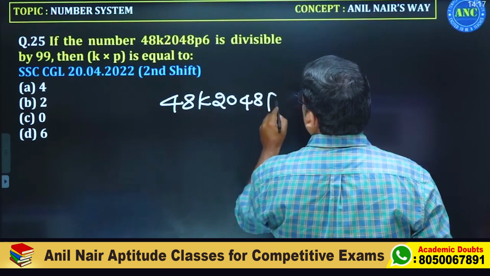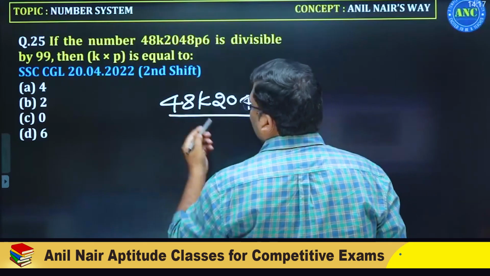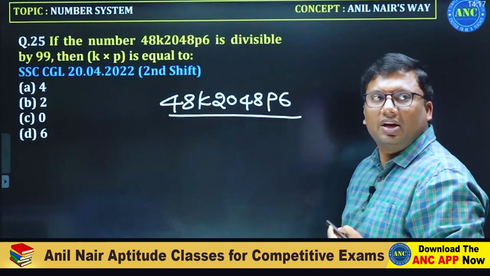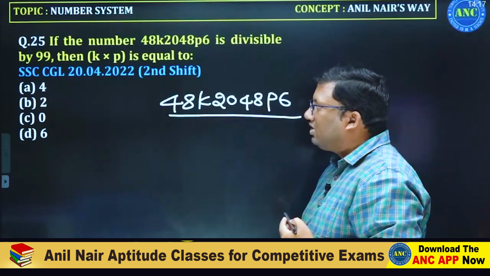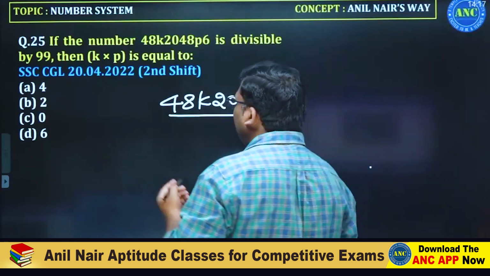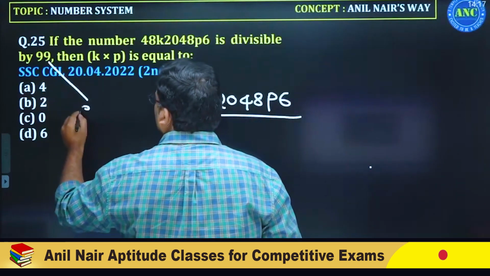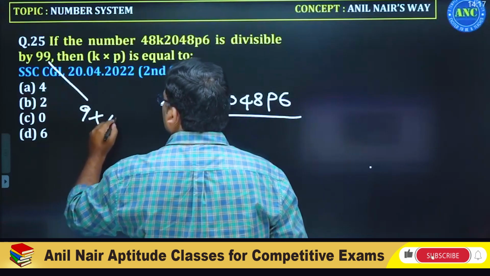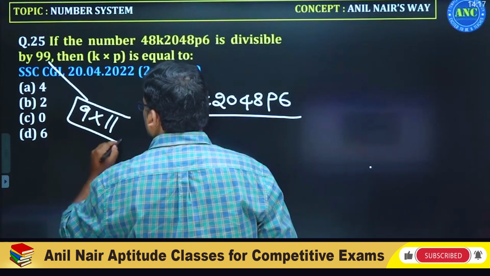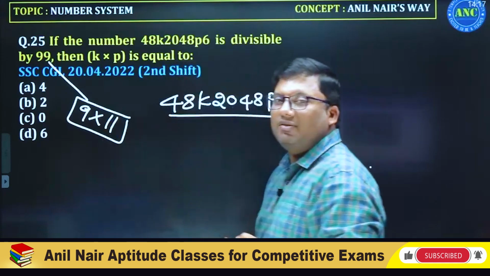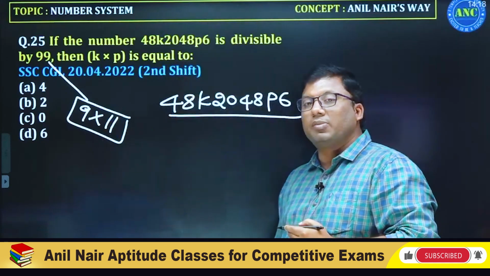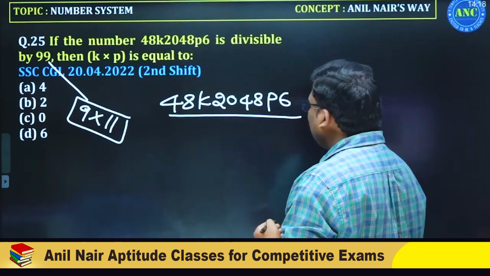48K2048P6 is a number that is given. It is divisible by 99. 99 is a composite number, so it should be divisible by 9 and it should be divisible by 11. For 9, let us see.